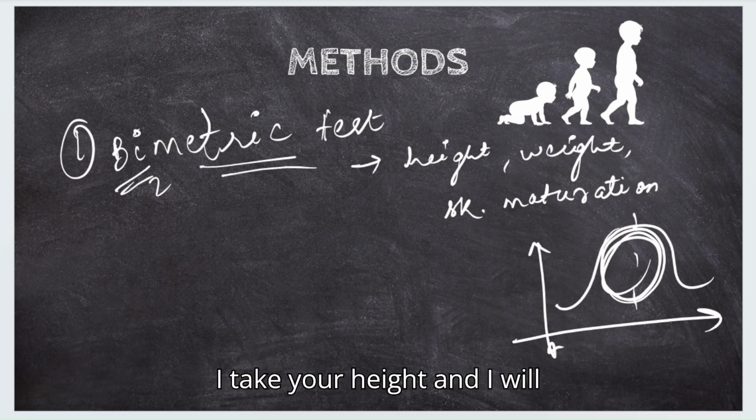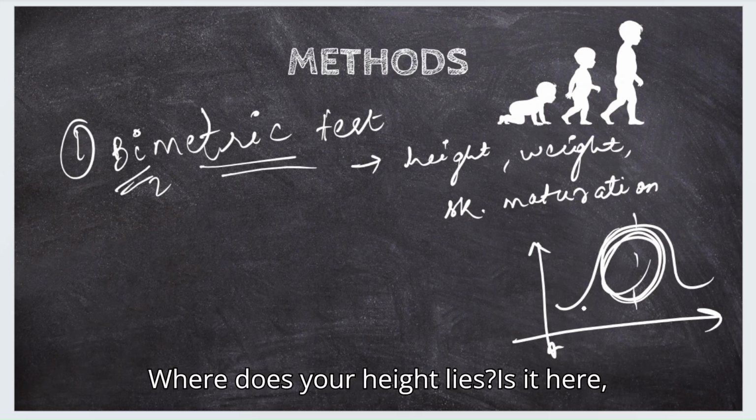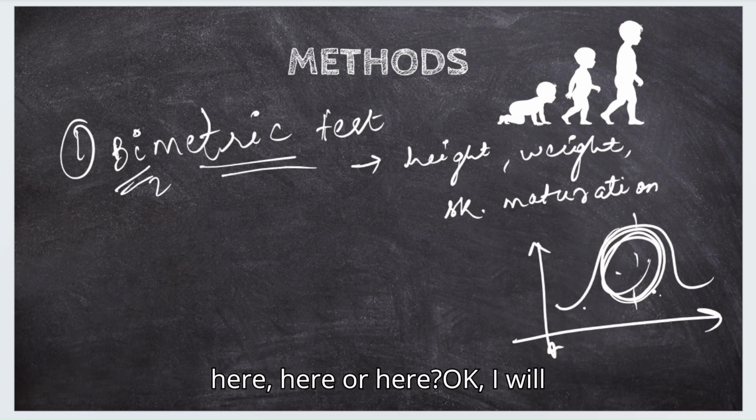Now I take your height and compare where your height lies. Is it here, here, here or here? I'll compare with 90% of the population of the same age, same gender. Okay, that is the biometric test.